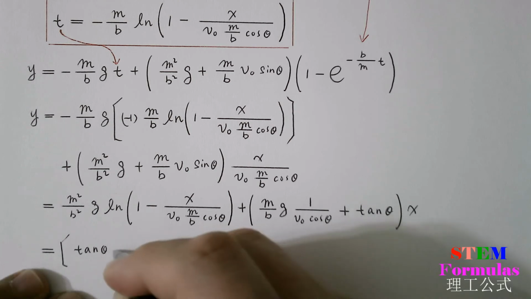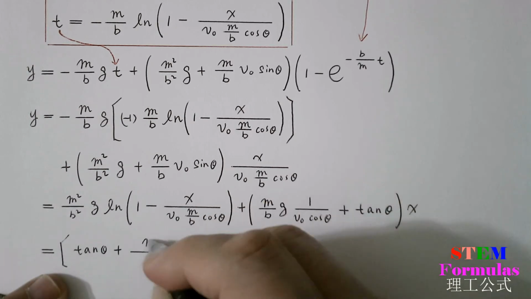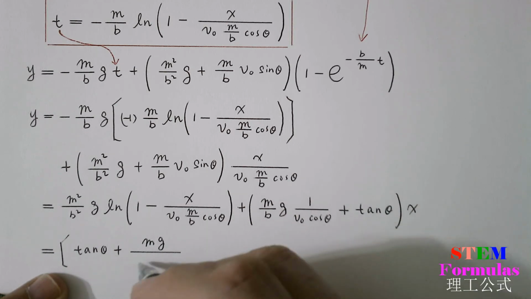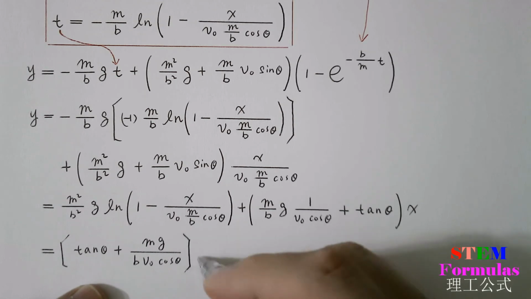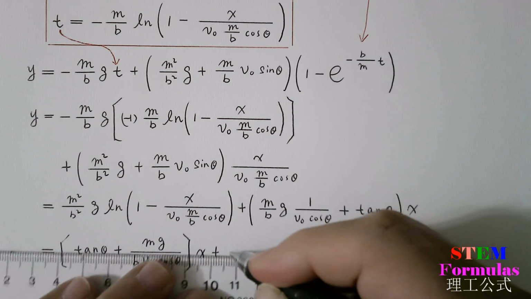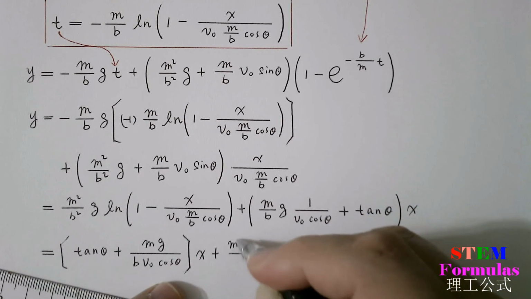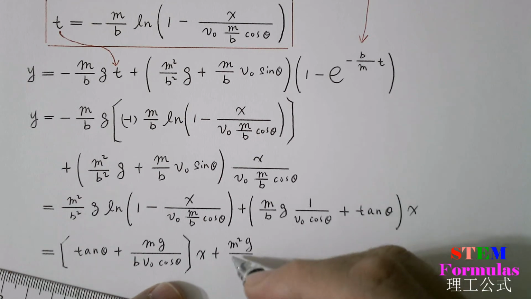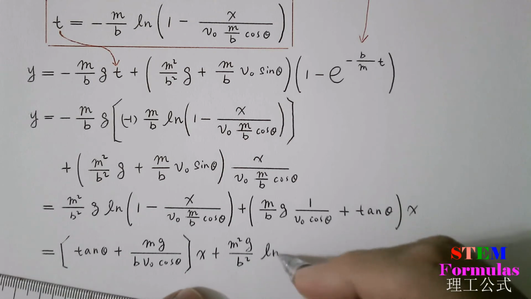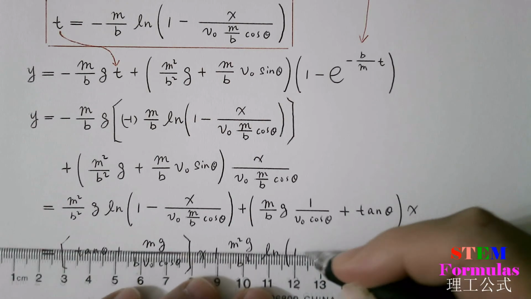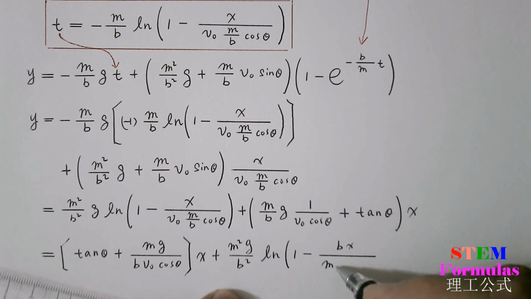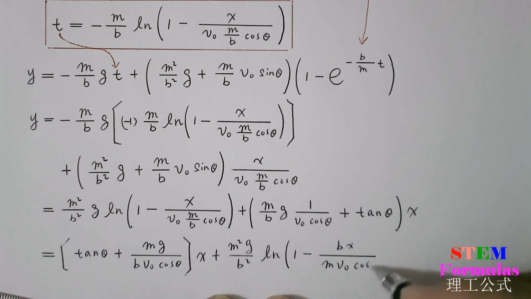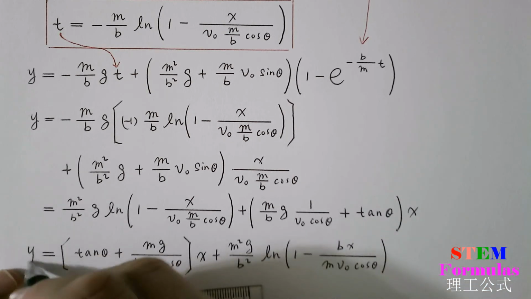Tangent theta plus m g divided by b v0 cosine theta, x, plus m square g divided by b square log, bracket, 1 minus b x divided by m v0 cosine theta, bracket, and on the left side we write y.